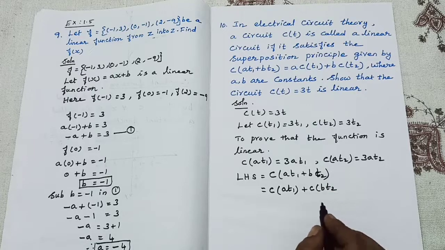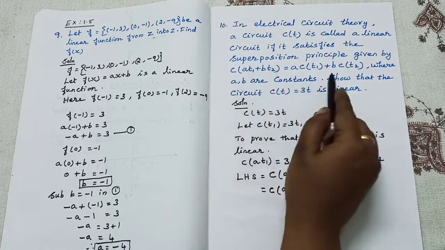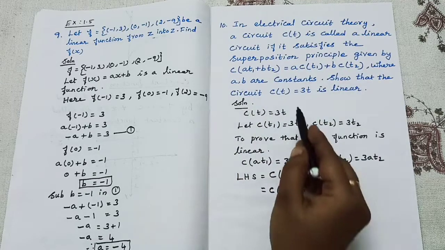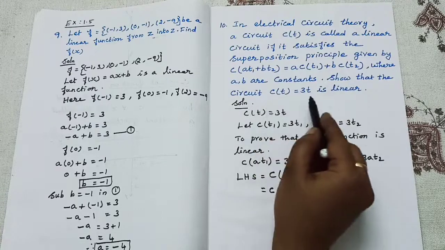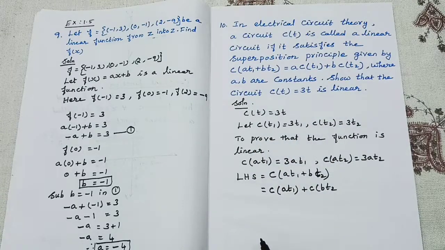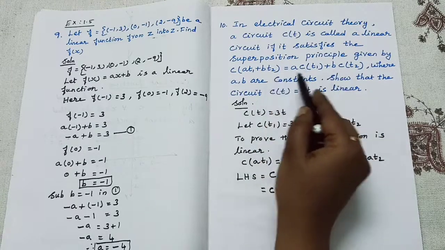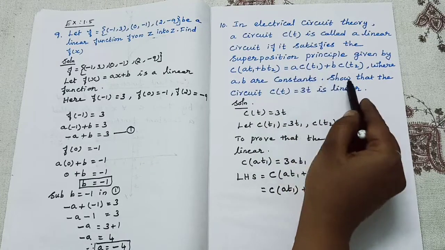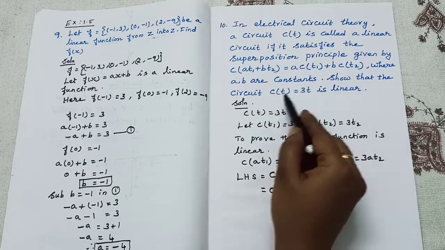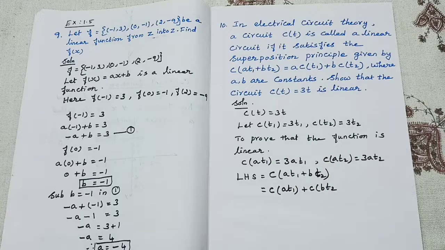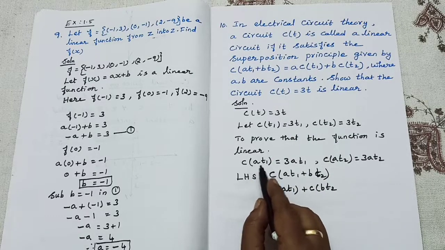Why are we writing like this? We have to prove left hand side is equal to right hand side. Then only we can say this circuit is linear, because the superposition principle is satisfied. Satisfied means this is linear. So only we are writing like this.